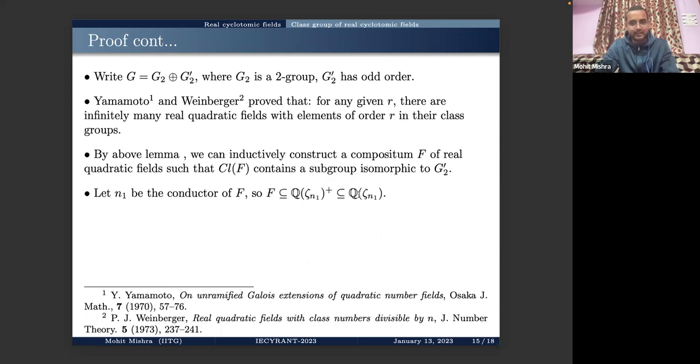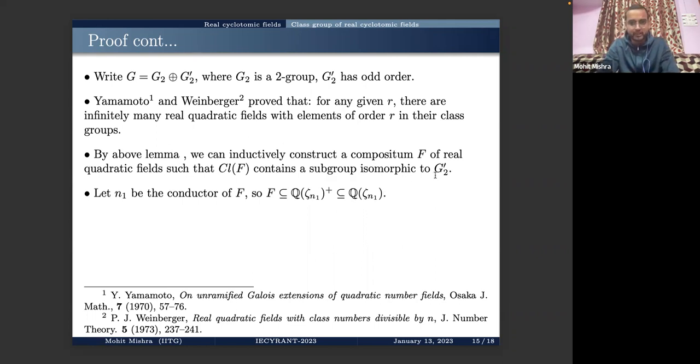F is contained in Q zeta n1, and let's say some Q zeta m is contained in F. We know that the degree of F over Q is just 2 to the power something. So whatever Q zeta m is contained here, the degree of F over Q zeta m is just 2 to the power something. So no odd prime divides this degree. Hence, the odd part of the class group of F is a subgroup of the class group of this Q zeta n1.